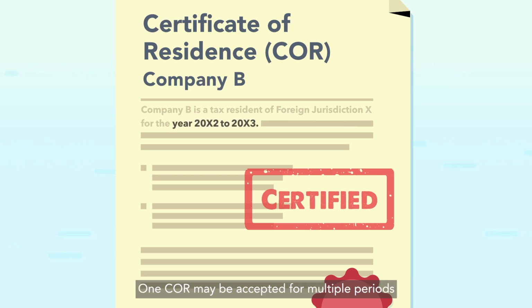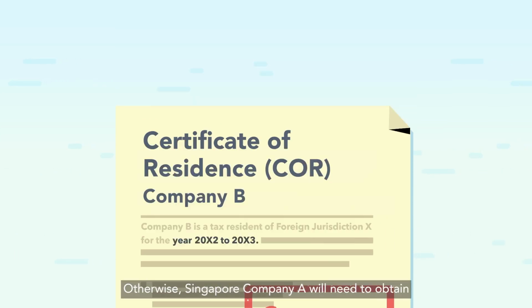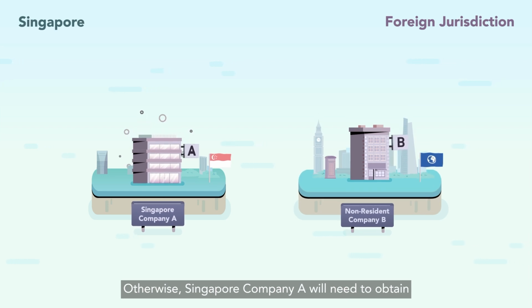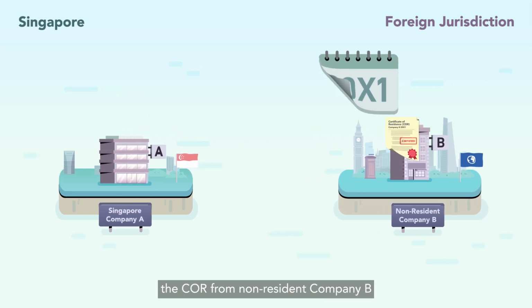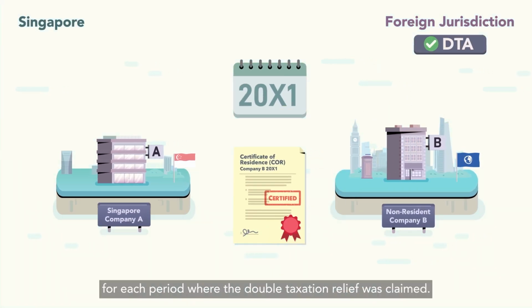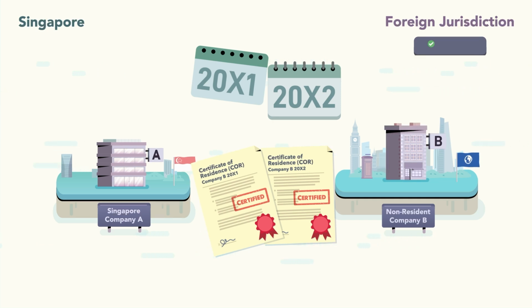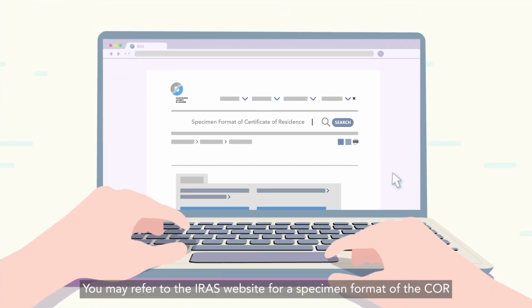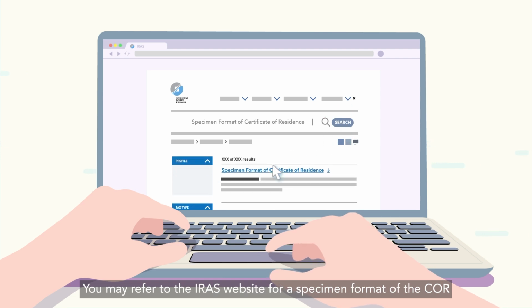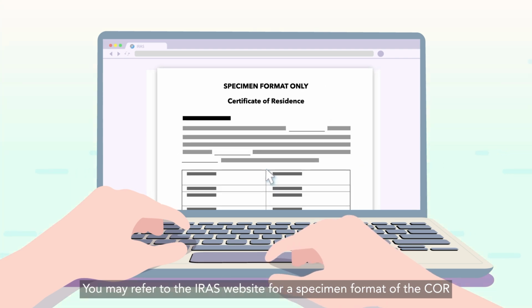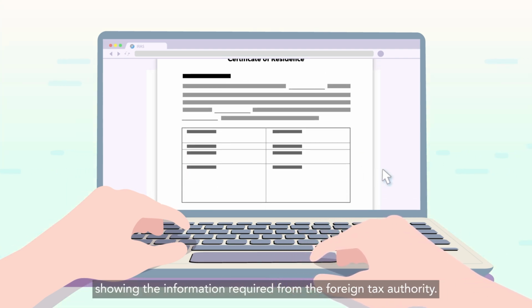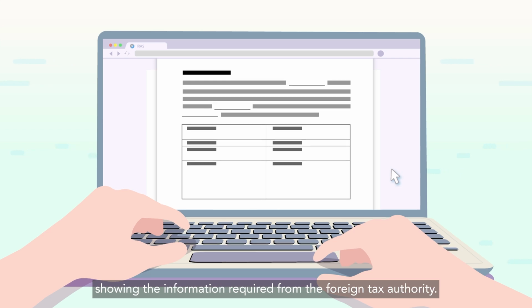One COR may be accepted for multiple periods if the periods are clearly stated in the COR. Otherwise, Singapore Company A will need to obtain the COR from non-resident Company B for each period where the double taxation relief was claimed. You may refer to the IRAS website for a specimen format of the COR showing the information required from the Foreign Tax Authority.